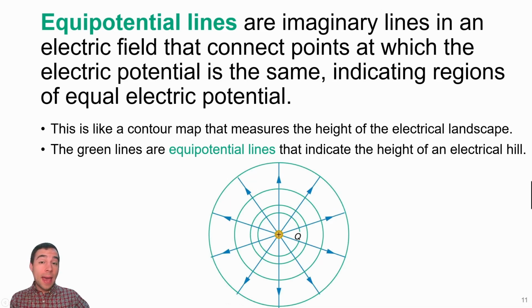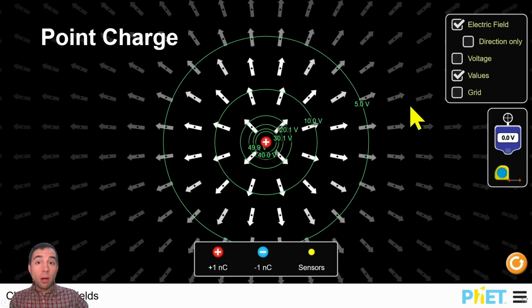So we'll look at equipotential lines for several different combinations of charges. This is what the equipotential line map would look like for a single positive point charge. So here, as we are farther away, the potential is lower, and as we are closer, the potential is higher, because R was in the denominator of the equation.